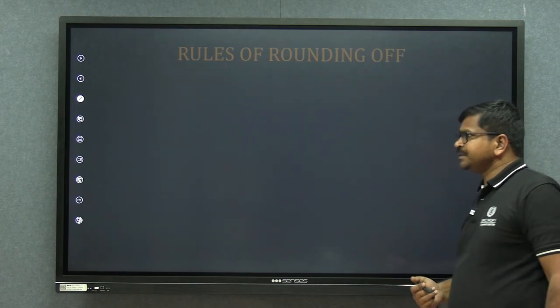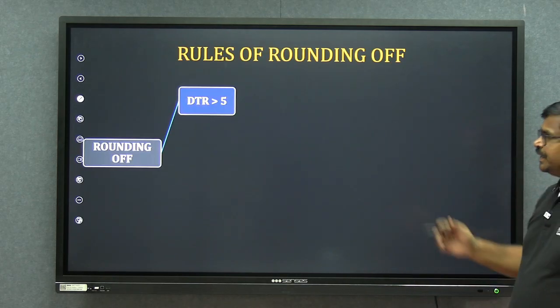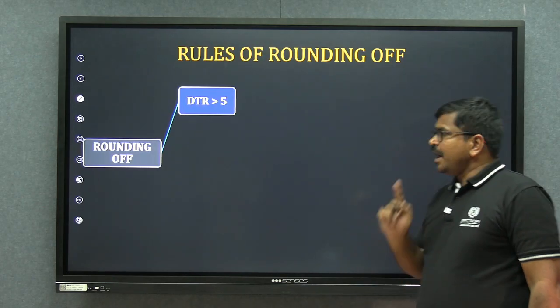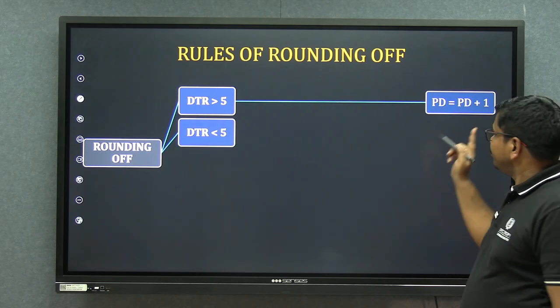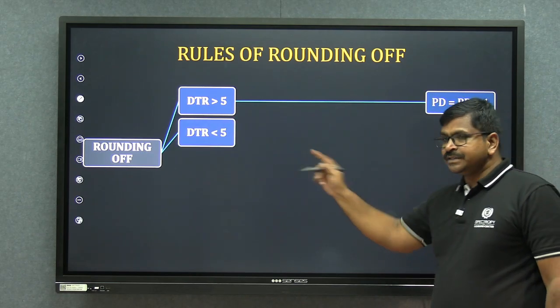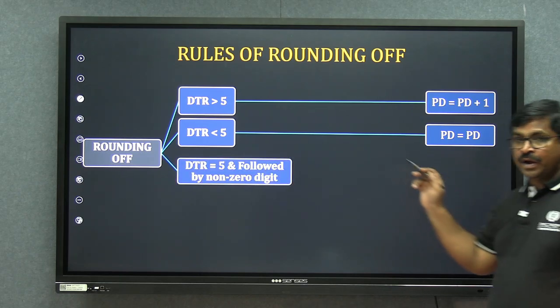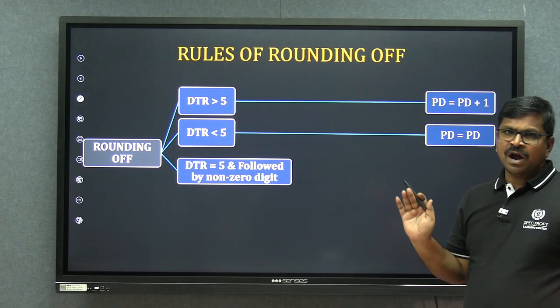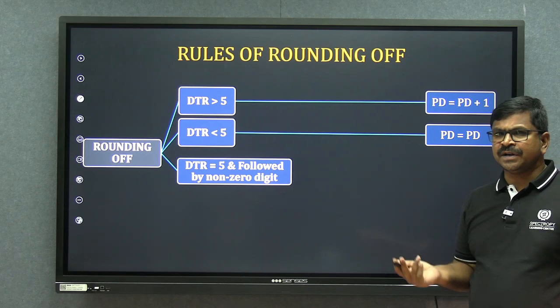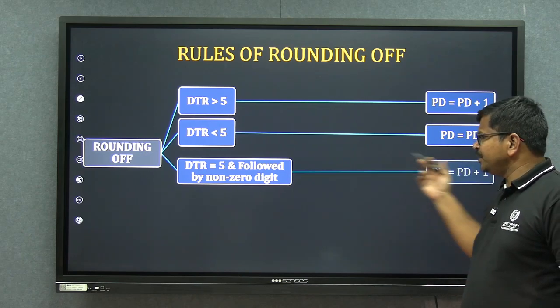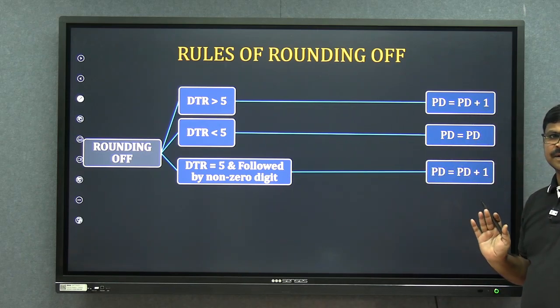And the technique here is, suppose if the DTR is greater than 5, PD must be increased by 1. If the DTR is less than 5, PD remains same. If the DTR equal to 5 and followed by non-zero, after 5 some number is there other than 0, then at that time blindly you can say PD equal to PD plus 1.